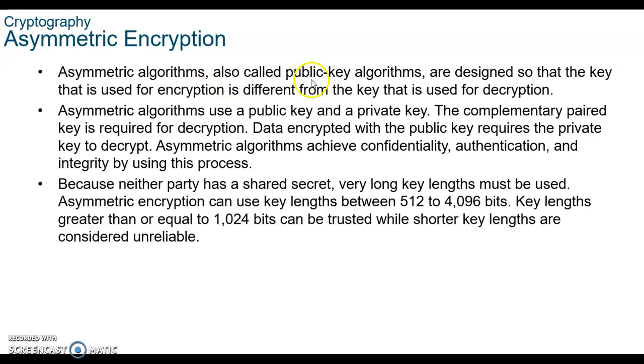Asymmetric algorithms are known as public key algorithms. We've seen these before, right? We're using a public key and a private key. Because neither party has the shared secret, very long key lengths must be used.